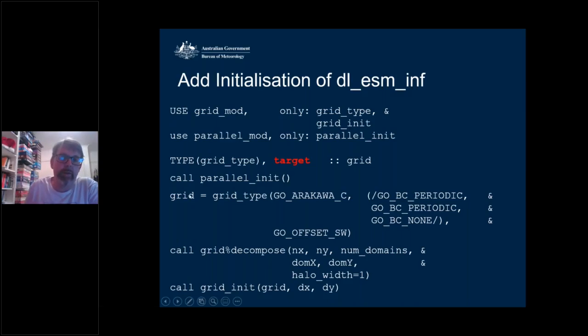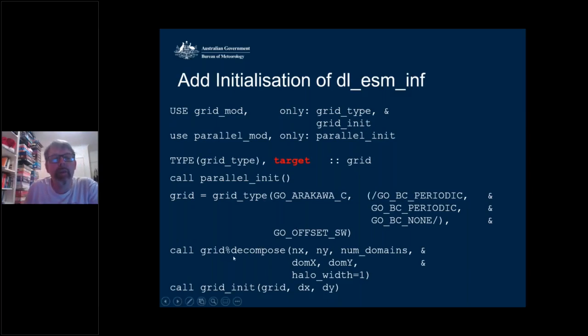Then we create the grid. As I said, we're already planning for three-dimensional grids, so we actually have three boundary conditions, but the third one is set to none. The offset specifies in which direction of the point the actual values are, the southwest, southeast, and that's for the staggering of the fields.